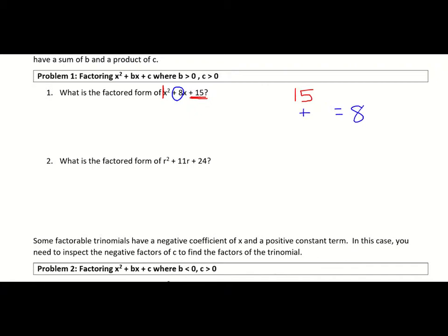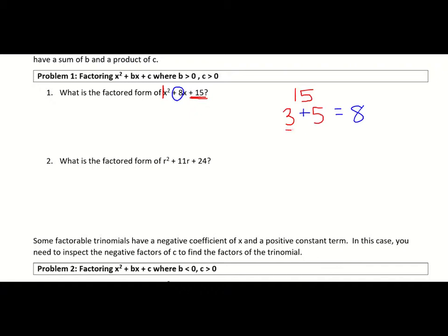So I need two numbers that multiply to 15 and that add to give me 8. Those two numbers would be 3 times 5. 3 times 5 is 15. 3 plus 5 is 8.